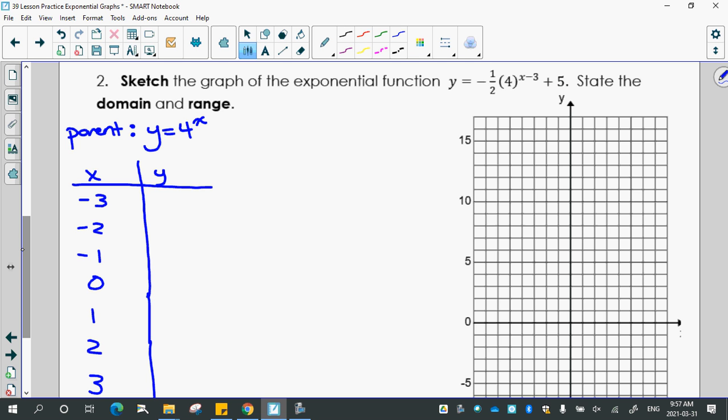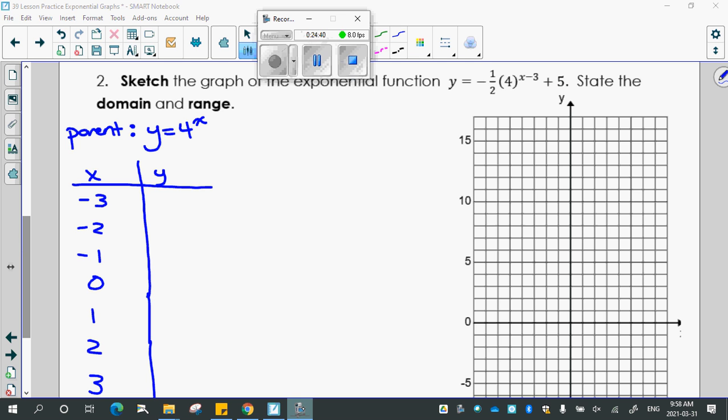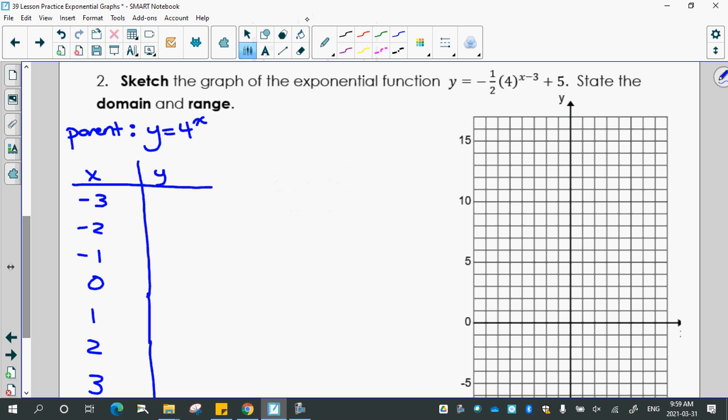I'm going to give you time to make the table. Okay, so who had 1/64 for -3? Anyone? A bit more explanation on how to get that. So we're getting the hang of that. So that's going to be crazy close. 1/16 for -2.